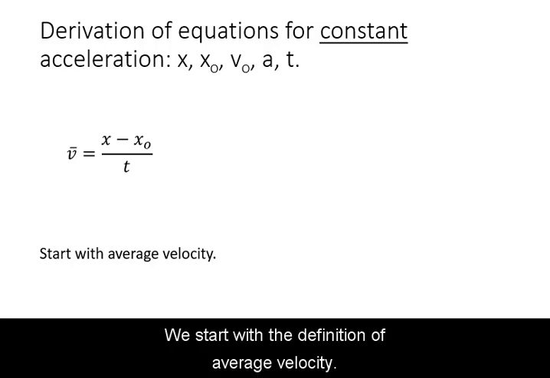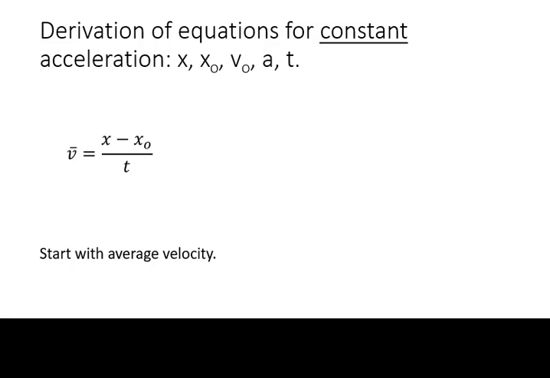We start with the definition of average velocity. Average velocity is the change in position, also known as displacement, over time.